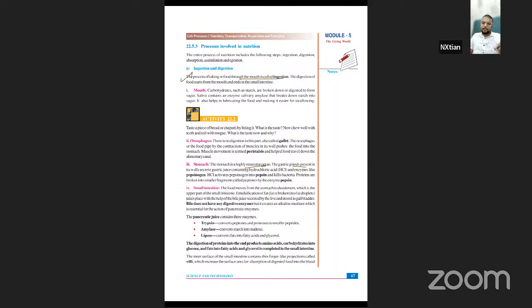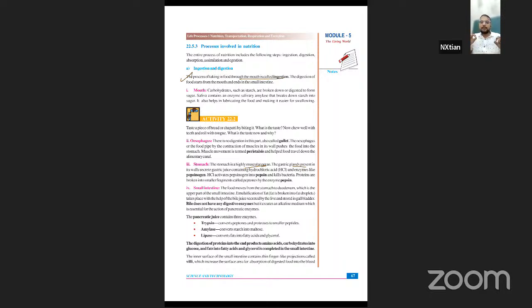For example, butter chicken is made. Then your mouth will water. Mama, I need food. Mama, I'm hungry. So the saliva will form in your mouth. Why is the saliva formed? Because whenever you are eating food, the saliva will wet the food. It helps us in chewing.